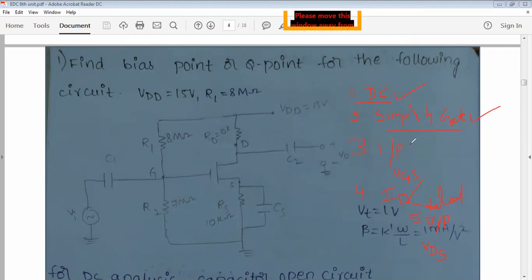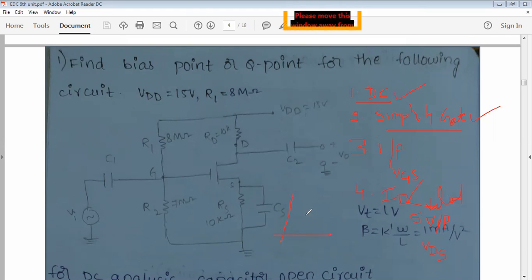Third one is apply KVL to the input loop. Okay, derive the VGS in terms of ID. Then find out the ID, validate ID value. Then finally apply KVL to output loop. Find VDS equation. Then find VDS value.